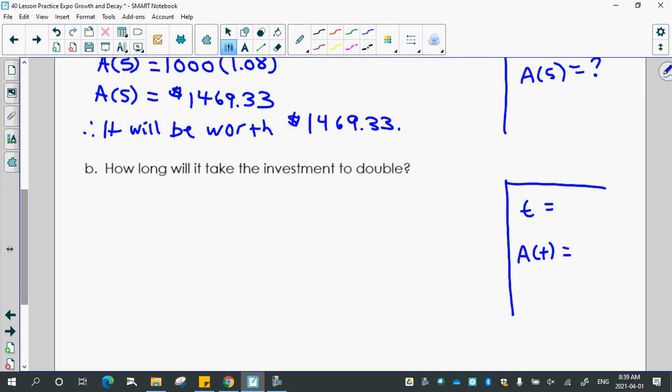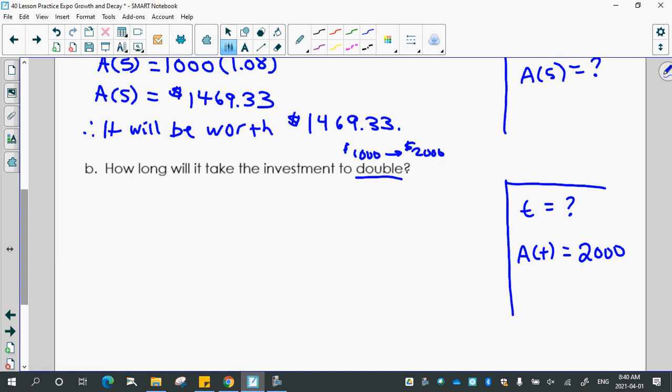And which one of those do we know and what is it? It's A at t. Good. And what is it now? $2,000. Okay, so the investment is doubling, so it's going from $1,000 to $2,000. Does everyone see that? Okay, and we want to know how long does that take? How long is it going to take to get from $1,000 to $2,000?